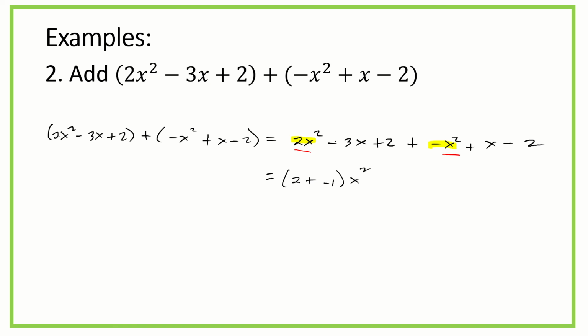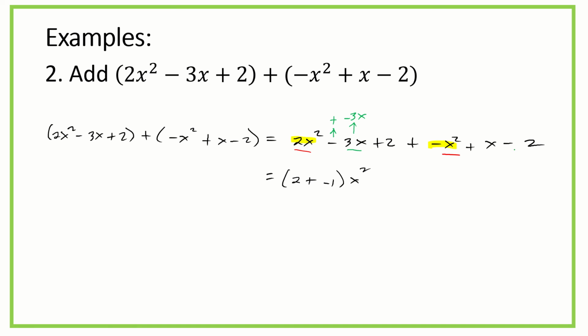Next, this is a minus 3x. So, instead of thinking of a minus 3x, you think of it as plus, then from positive 3x to negative 3x. So this is plus negative 3x.